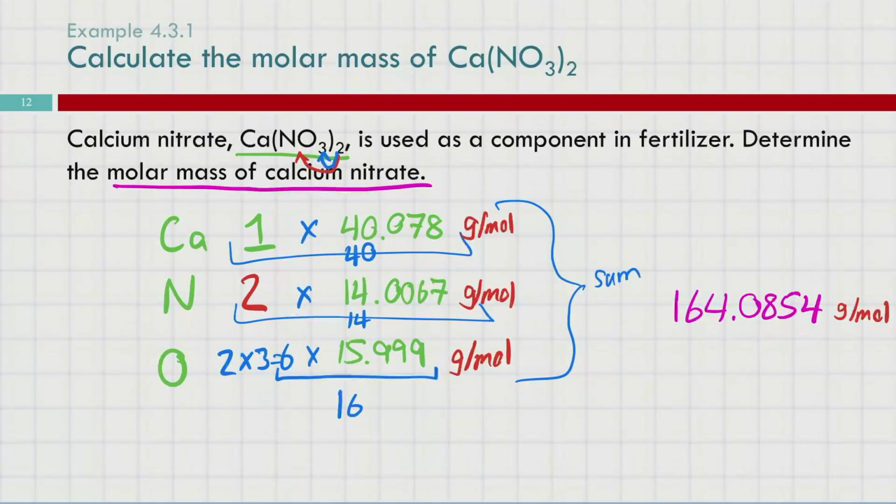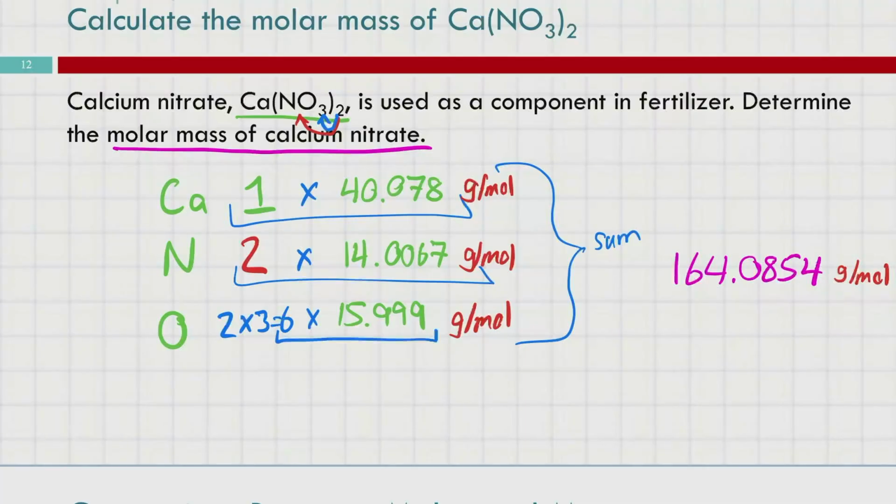You need to have a couple of decimal places. We want to make sure that we're not limited for significant figures by our molar masses. The one instance where it would be okay to use 16, 14, 40 for those molar masses is if you just want a real quick estimate of an amount. I'll do that sometimes. Not in the class probably, but I do that sometimes. You just want a real ballpark estimate, then that's fine. In this class though, generally not going to really be using ballpark estimates like that.